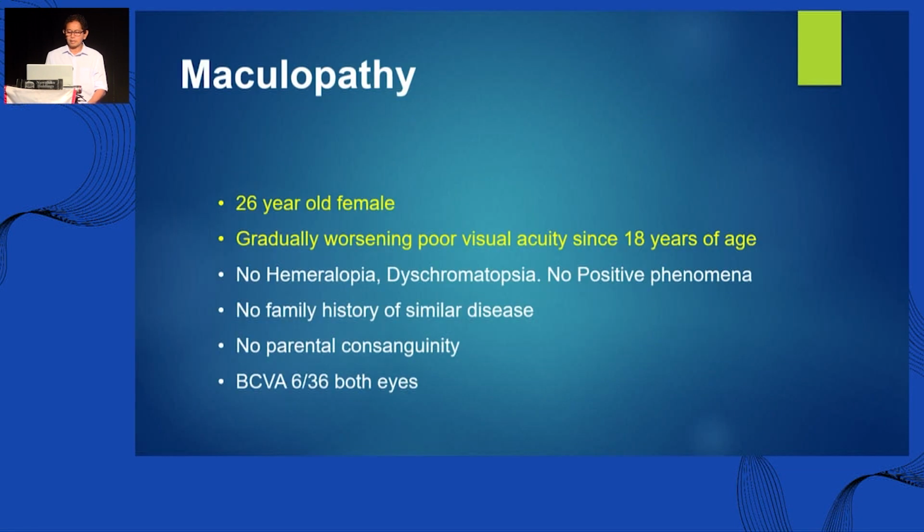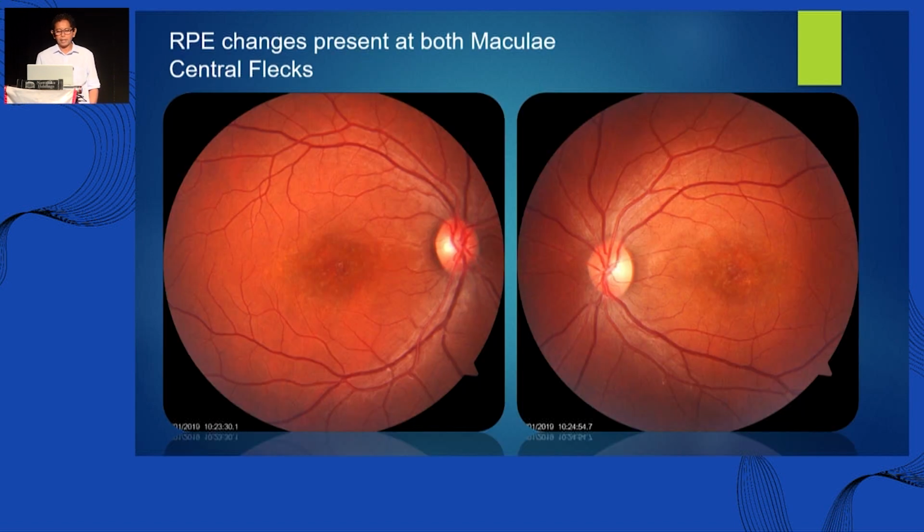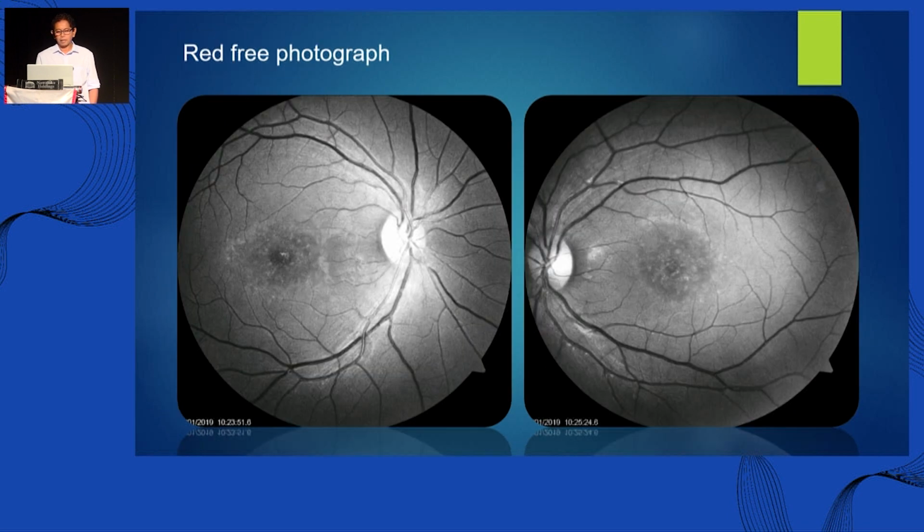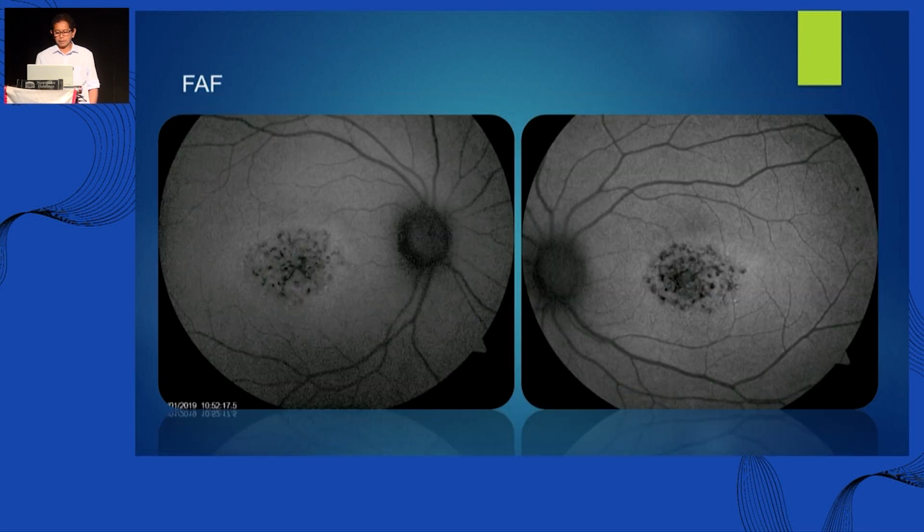So let's see this patient, a 26-year-old female with gradually worsening poor vision. You can see that there are RPE changes at both maculae with central flecks. You can see that better with red-free, and better still if you do an autofluorescence, this shows it markedly well.